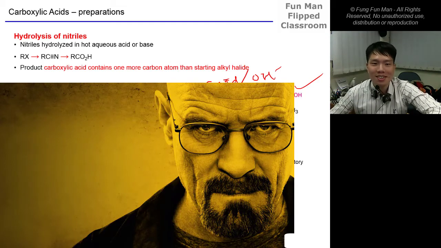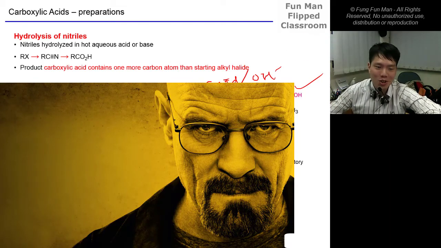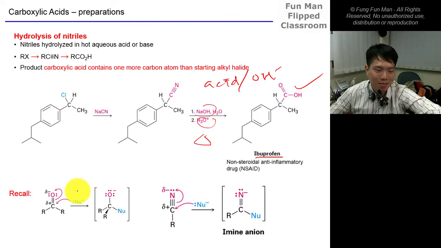Super cool and fun. Right, I was teaching them how to do it, but nothing like Breaking Bad. Okay, now recall that the C=O double bond of a carbonyl group here is able to be attacked by a nucleophile. So in this case, the nucleophile is like a CN minus. Remember, the negative charge is on the carbon, not the nitrogen. It attacks, breaks the pi bond and gives the O minus.